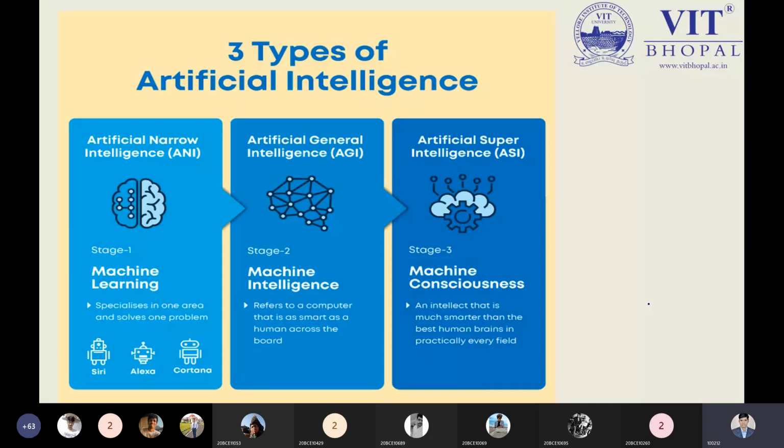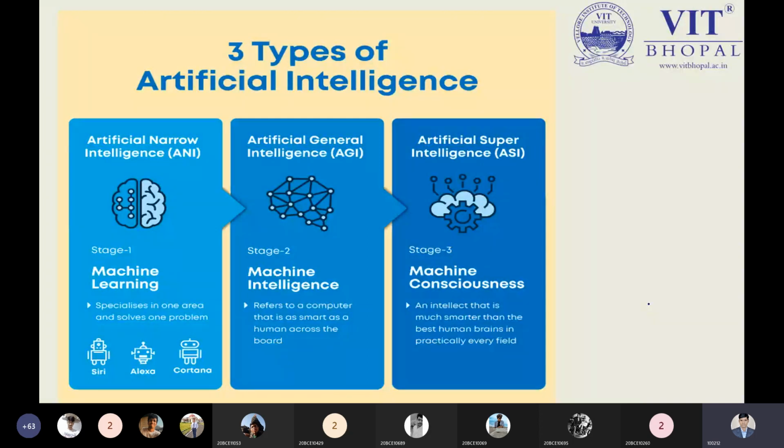But with artificial superintelligence, ASI, the machine becomes more intelligent than the human and can rule over human civilization. That would be the biggest drawback of designing machines based on human intelligence. We have seen all these things in various movies.